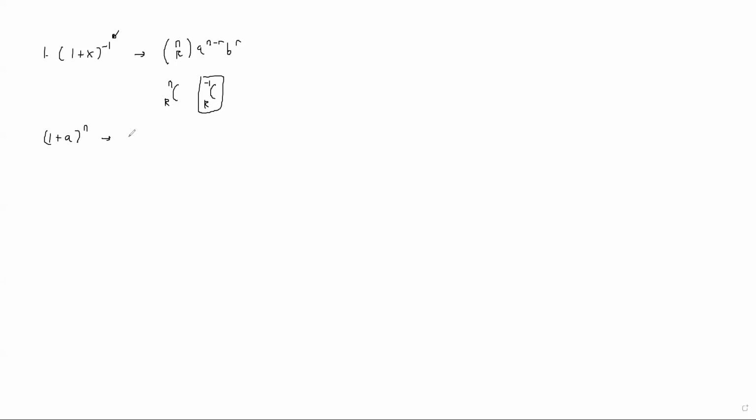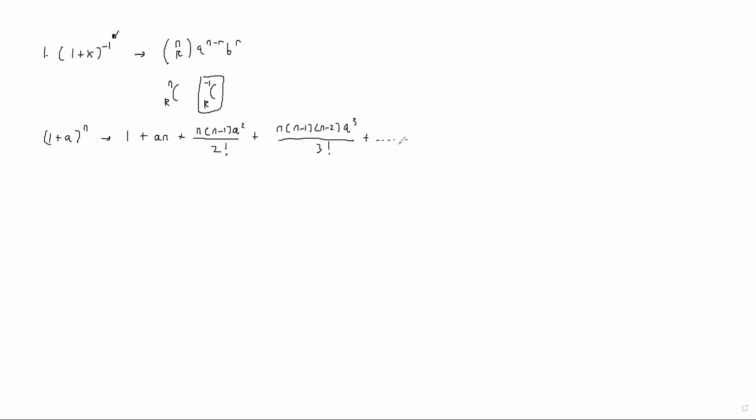The expansion of this will be 1 plus an, plus n multiplied by n minus 1, a squared divided by 2 factorial, and then added again by n multiplied by n minus 1 multiplied by n minus 2, multiplied by a cubed divided by 3 factorial, and so on. This actually goes on until infinity.